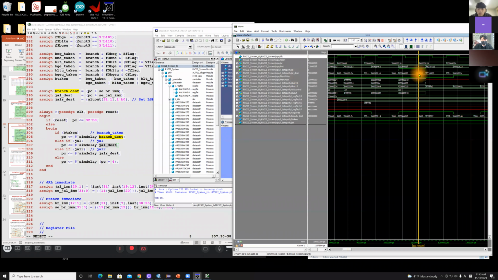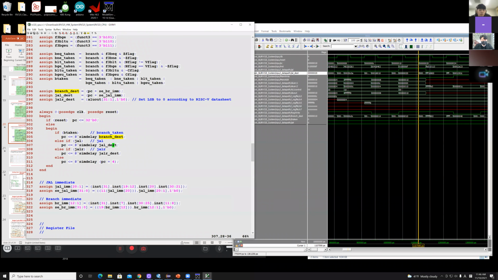It looks like it is changing. It looks like JAL destination is changing to some value at the rising edge. But because it is simulation, you can add some delay. JAL destination is computed.